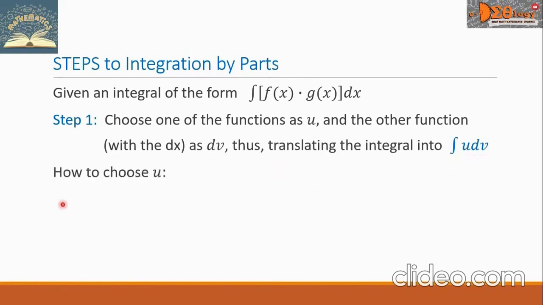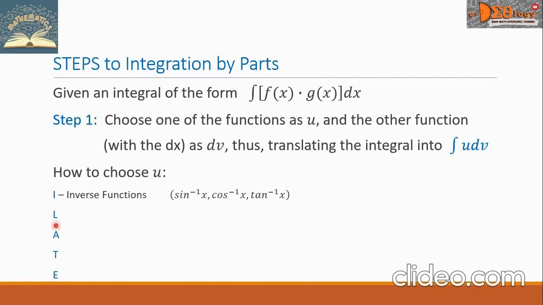The next question is how to choose the function u among the two functions here. This acronym will help us in choosing u. ILATE. The letter I stands for inverse functions. Examples are sine inverse x, cosine inverse x, and tangent inverse x.